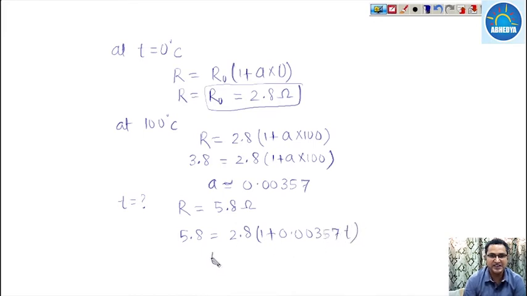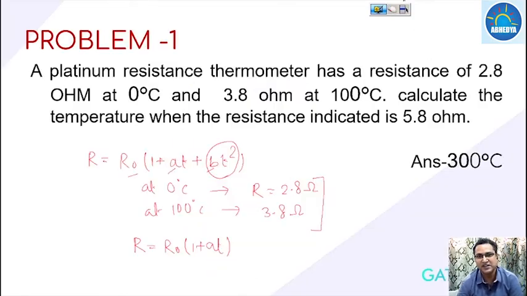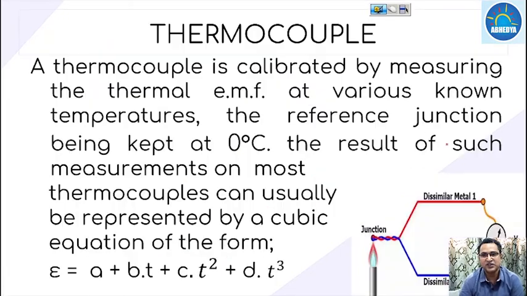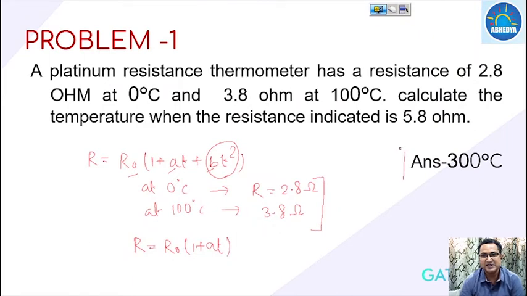Once we solve this, we get T equal to 300 degree centigrade, which is our answer. This is how we find the equation and solve it. Make sure how many reference points have been given. If only two reference points are given, then the BT² term will be eliminated.